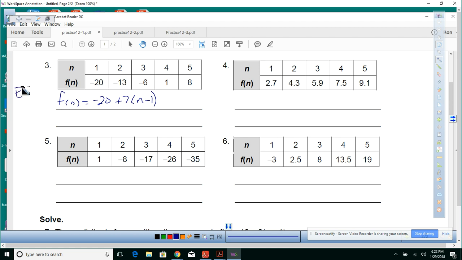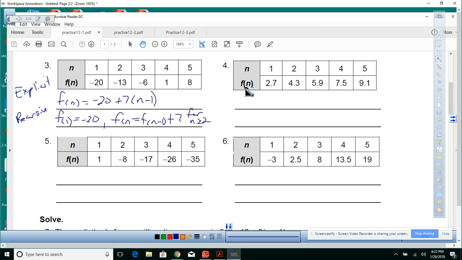That's the explicit. And the recursive would be f of 1 equals negative 20, and f of n would equal f of n minus 1 plus 7 for n is greater than or equal to 2.